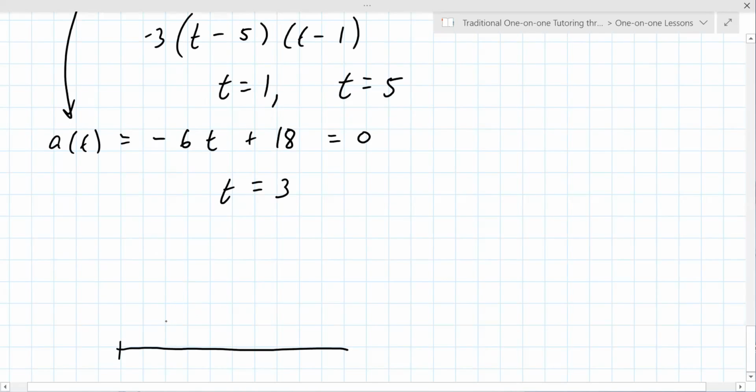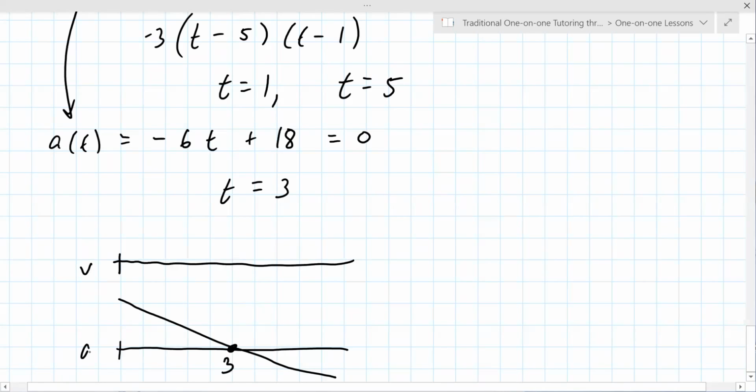We need a tiny bit of graphing here to make sure we understand this. The acceleration graph looks like this. Assume that that's 3. And the velocity graph looks something like this, where that's also 3. Actually, that's not the greatest graph.